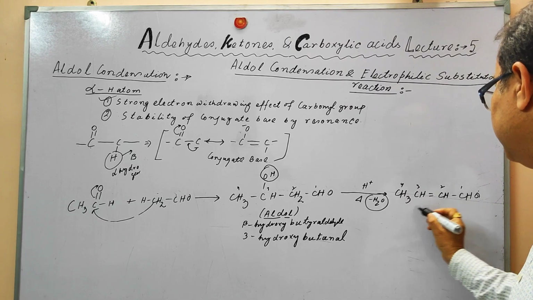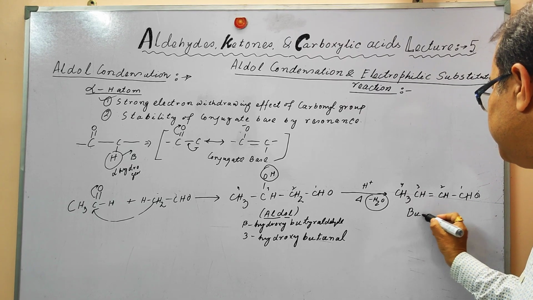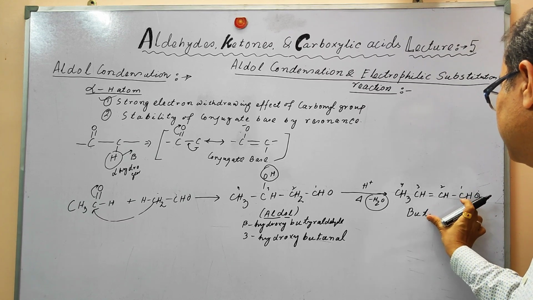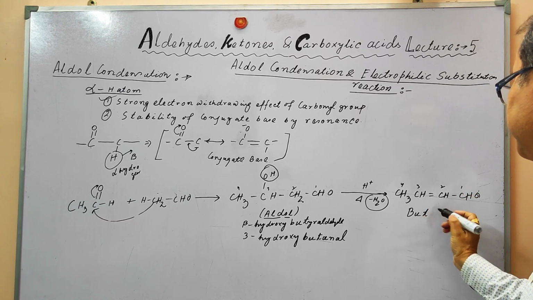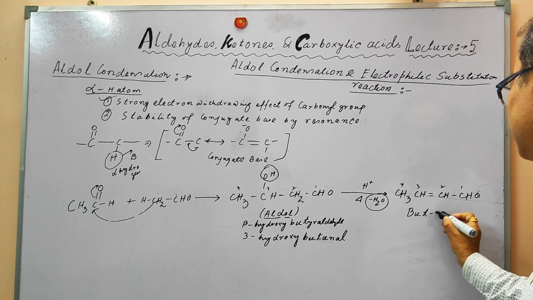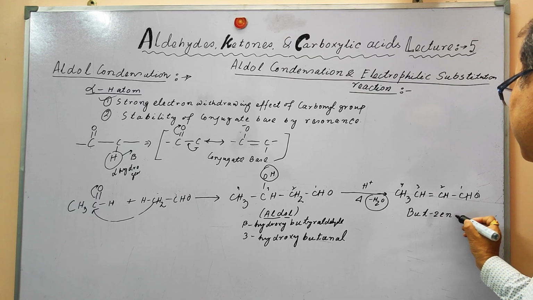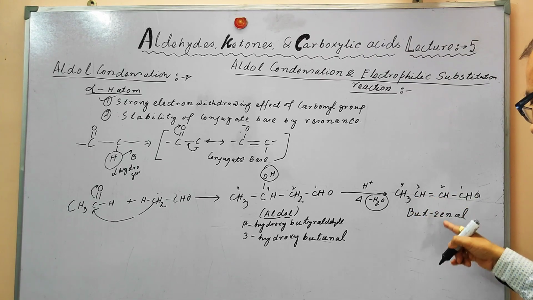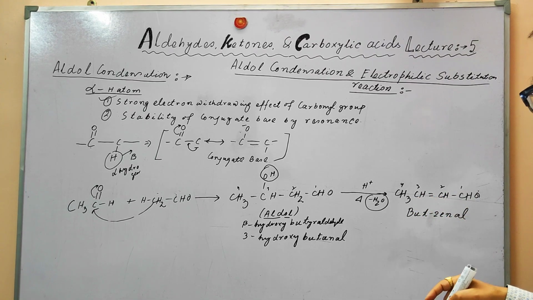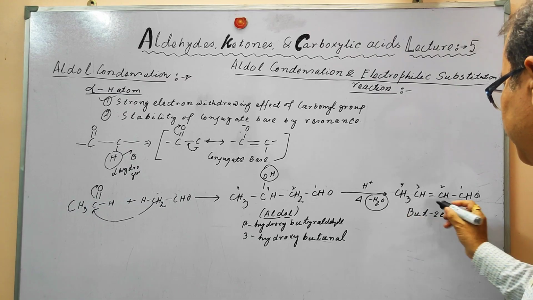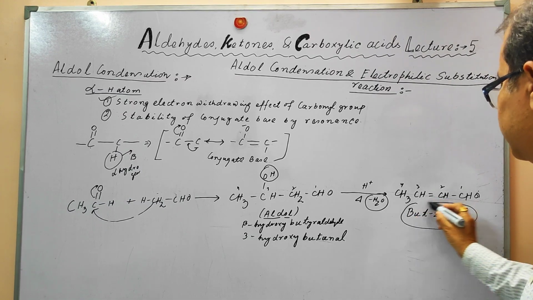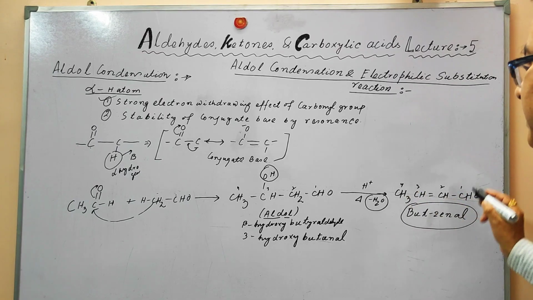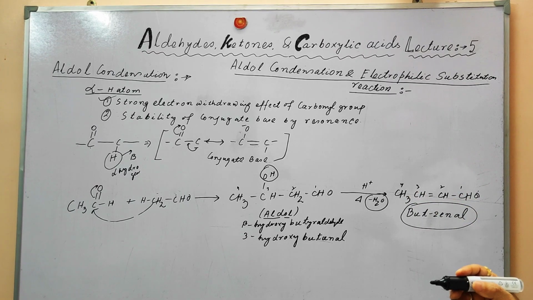The IUPAC name of this compound, numbering 1, 2, 3, 4, is butane, but-2-enal, because in the second position there is a double bond: but-2-enal. So this is the aldol condensation product, and it is an alpha beta unsaturated aldehyde.